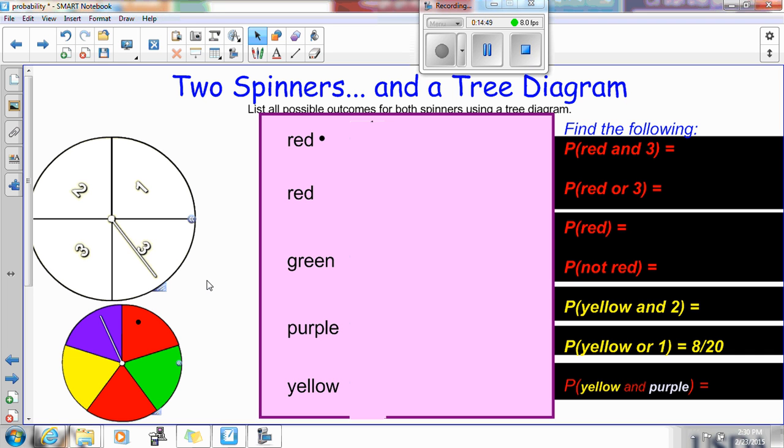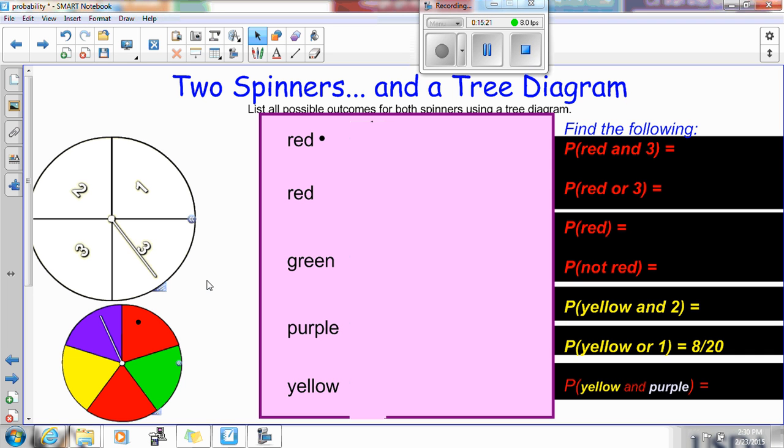Well, it's really hard to say what is the probability of, say, it landing on a red and a 3, or landing on a red or a 3. Now, remember what and or mean in your definitions from before. So it's a little bit difficult to tell just by looking at that. But we can still find theoretical probabilities by making what is called a tree diagram.